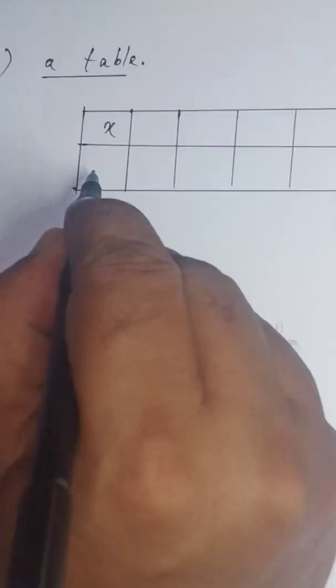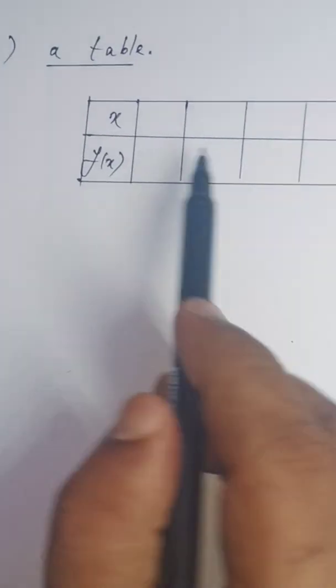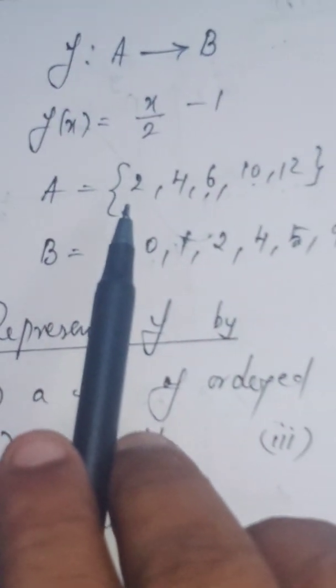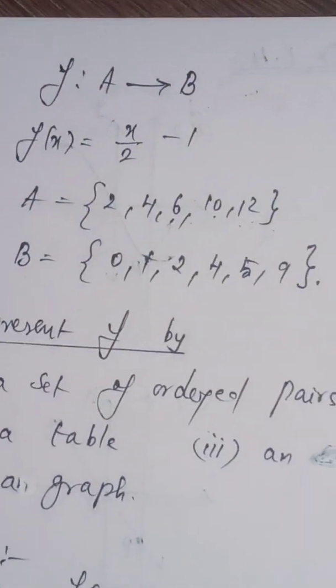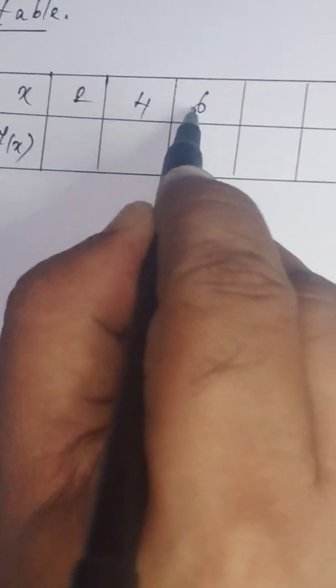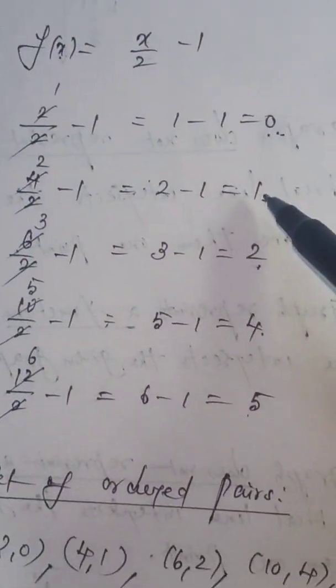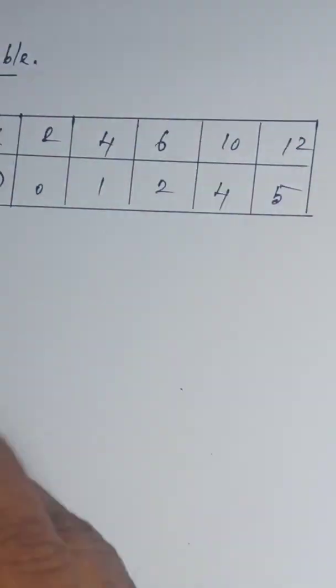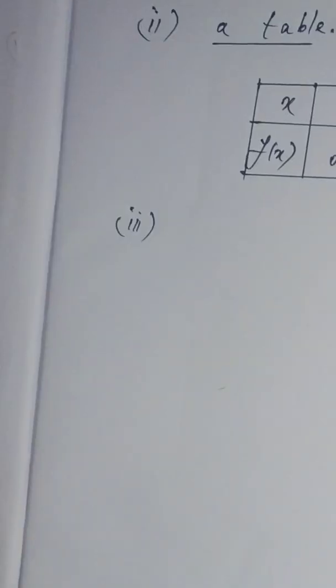Here you write x, next f of x. Here x represents domain and f of x represents range. What are the elements in x? A represents 2, 4, 6, 10 and 12. Already I told you f of x represents range. What are they? 0, 1, 2, 4 and 5. Table over. Next one, an arrow diagram.